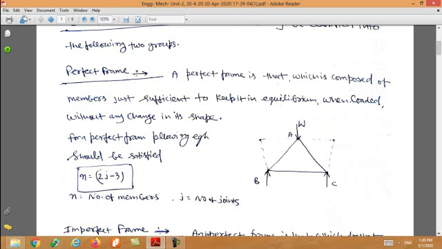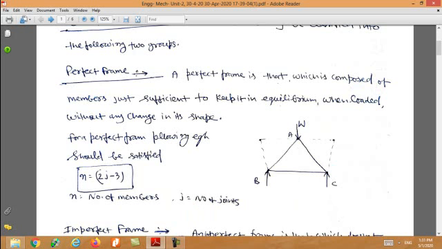These equations should be satisfied. So what is the equation? n = 2j - 3, where n is the number of members and j is the number of joints. These are the members and it is the joint.